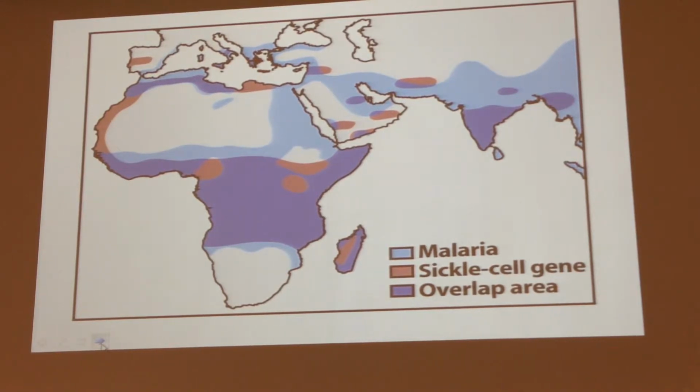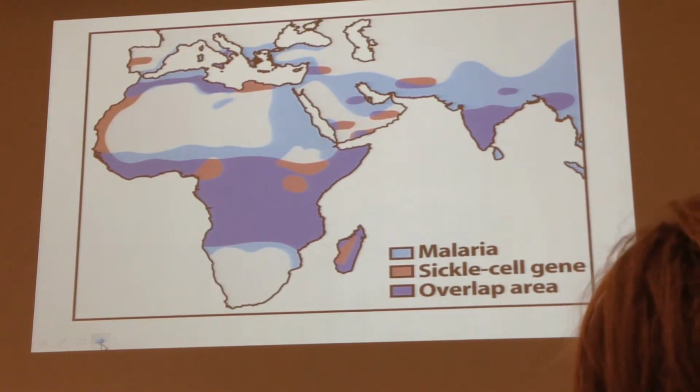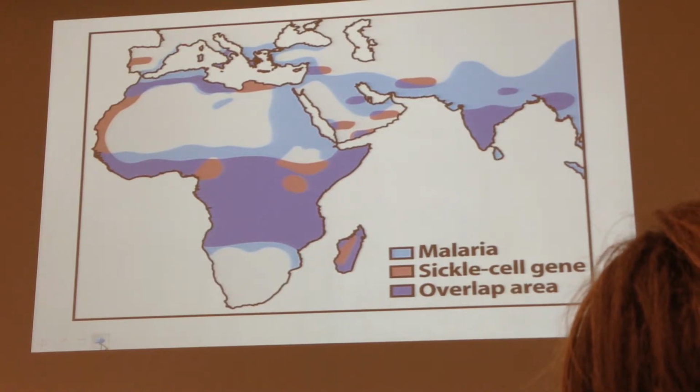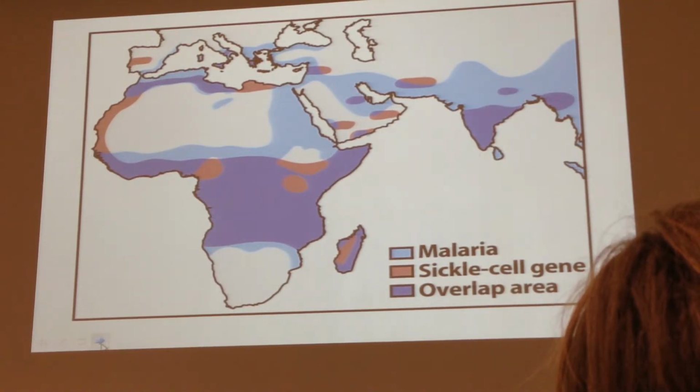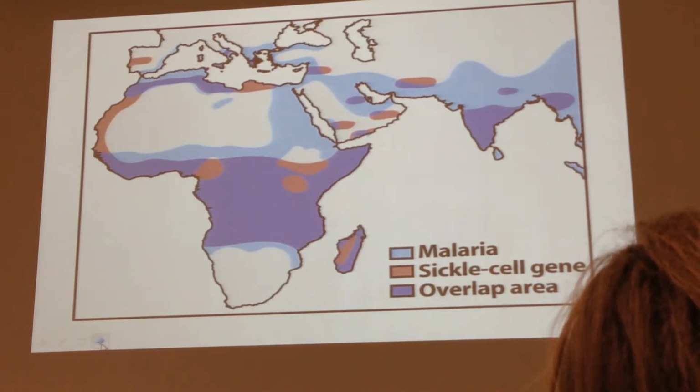Red alone is the sickle cell gene, blue alone is malaria, and the mixture of those two colors, red and blue, makes purple. Purple is where you have both. And you'll see there's a very strong correspondence between these two features: the presence of the disease and the presence of this mutation in the human population.